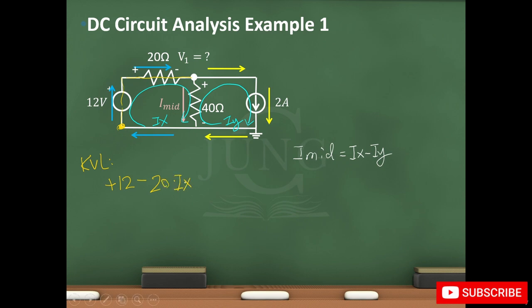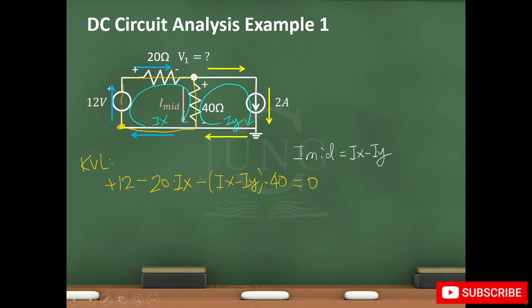This is Ohm's law, voltage equals the current times the resistance. Then we encounter another voltage drop of I mid, which is Ix minus Iy, times 40 ohms. And this should equal 0 based on Kirchhoff's voltage law because we have completed a loop.